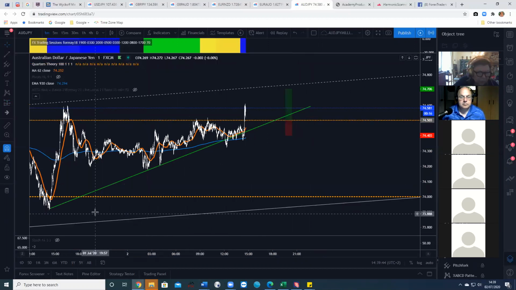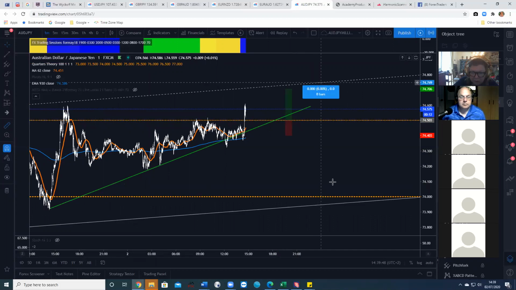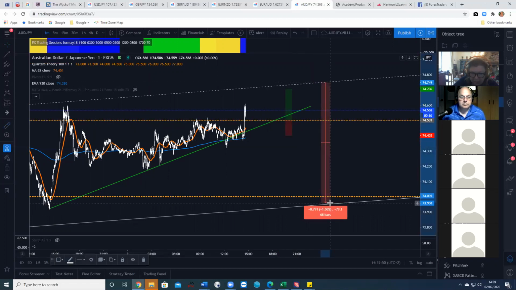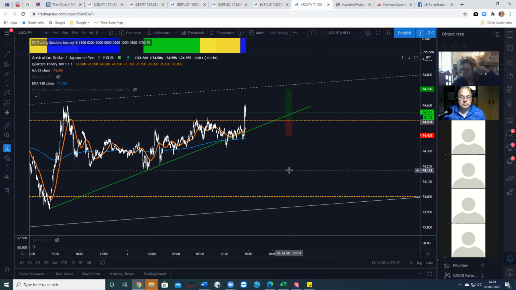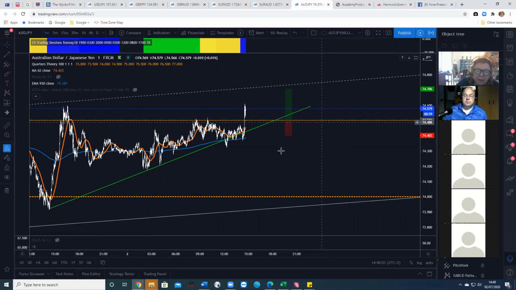But how much is the gap? We haven't got a pitchfork touch, but we have got 80 pips. So that's the exception to our rule, that we can take a quarter theory trade where the pitchfork leg is over 60 pips. Okay.